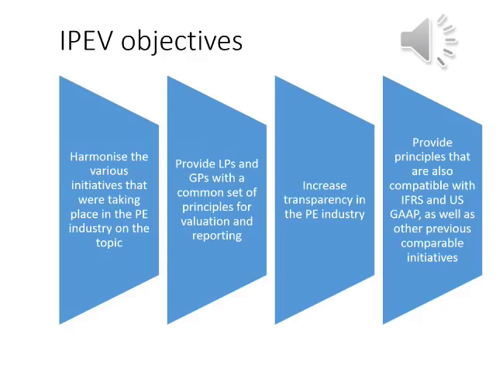The third objective is to increase transparency in the private equity industry. Private equity is a notoriously non-transparent industry. And fourthly, it provides principles that are also compatible with IFRS and US GAAP accounting standards, as well as other previous comparable initiatives of valuation and guiding. So harmonization, common standards for investors and fund managers, increased transparency, compatibility with accounting standards.